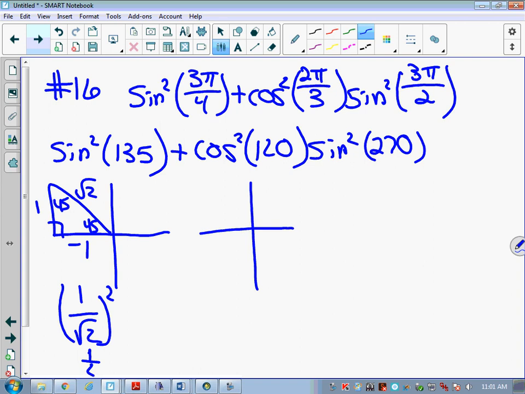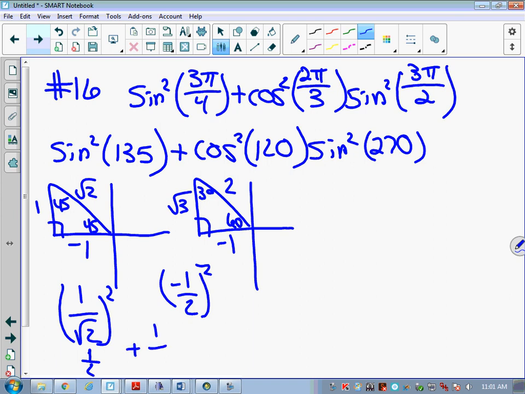120 degrees is 60 degrees shy of 180, so we've got negative 1, 2, radical 3. Cosine is negative 1/2, squared. So it's really going to be plus 1/4. Okay, makes sense so far.